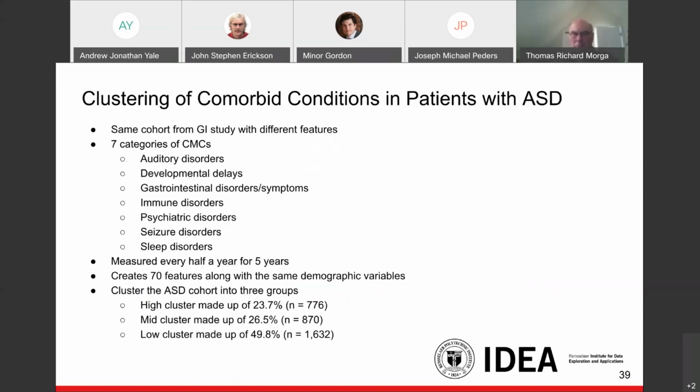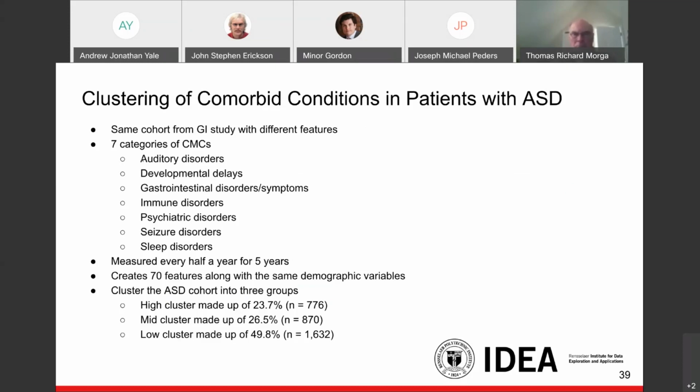In the second study, we basically take that same cohort of patients and expand the study. They looked at, if you take that same autism cohort, can you cluster the cohort by their comorbid conditions? So if you take GI as one category of comorbid conditions and add on these other 6 categories, so we have 7 categories, can we cluster the ASD cohort based off of that?